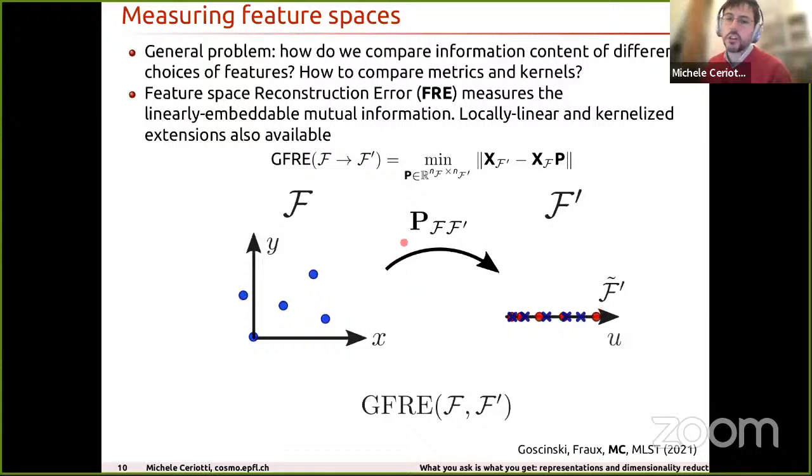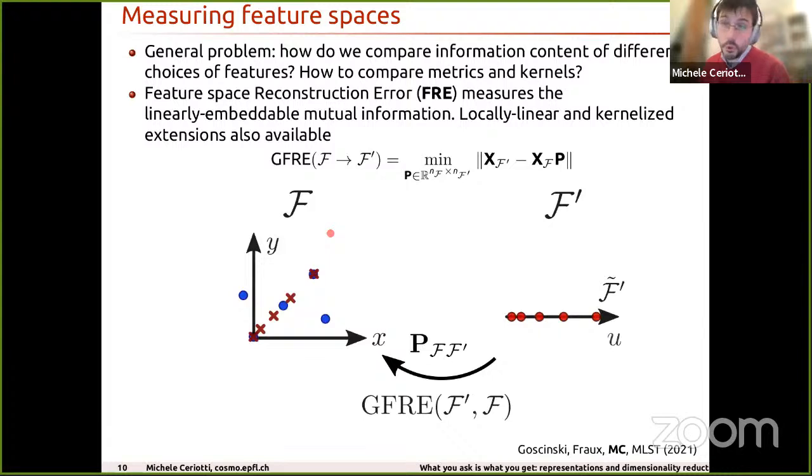And the residual error that you get after you tried to linearly encode the feature prime starting from the features F is the global feature space reconstruction error, which is a measure of the residual information that you are missing when you try to reconstruct F prime using all information in F.